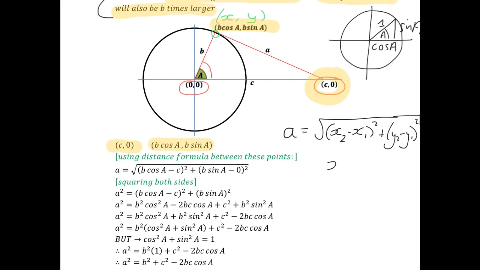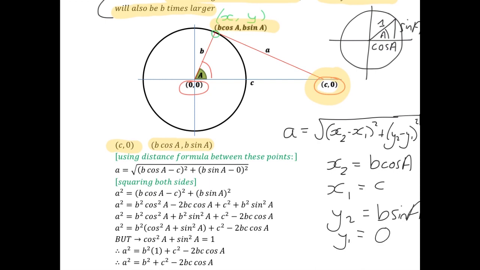So in our case, our x2 is equal to b cos A, our x1 is c, our y2 is b sine A, and our y1 is 0. So filling these values into our formula, we get this line here.